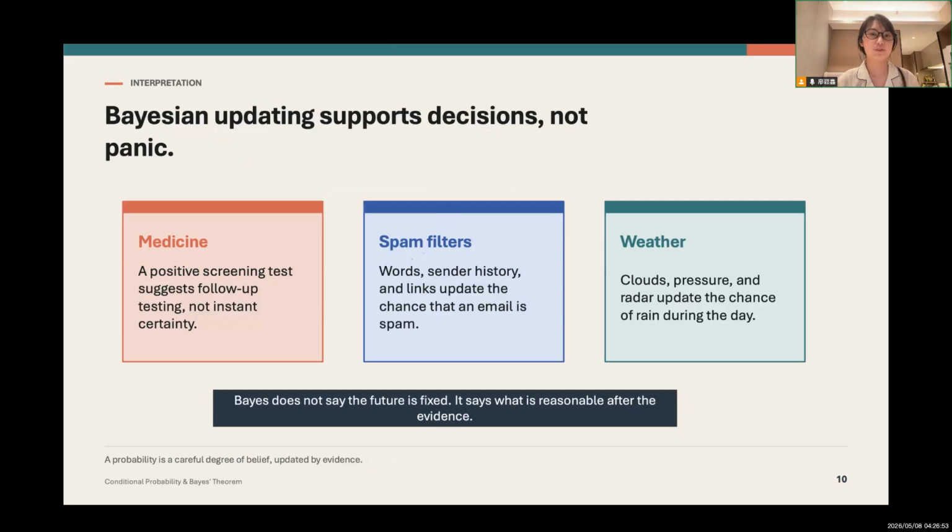In all of those examples, new evidence changes what is reasonable to believe, but it does not usually create absolute certainty. So Bayes helps us avoid two mistakes. One mistake is ignoring the evidence. The other is overreacting to evidence. Good probability thinking stays between those extremes.